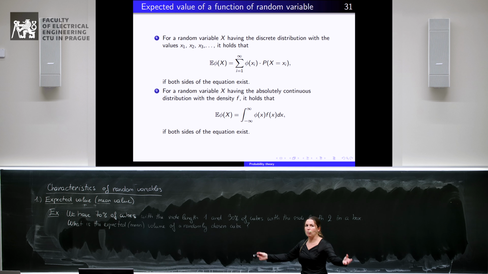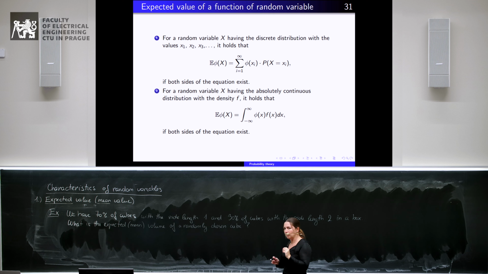So we have a box and we randomly choose a cube and we look: is it the small one or the large one? We don't care about the side length, which is given, but we care about the volume. So what is the mean volume of the cubes in the box?